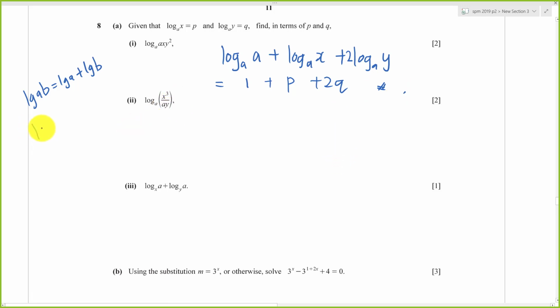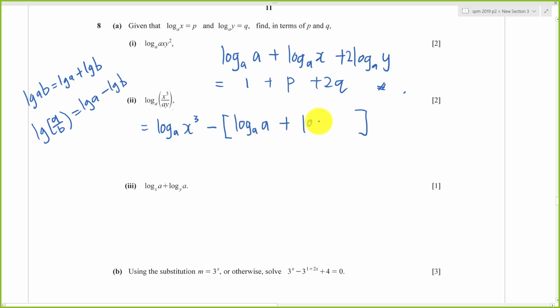Alright. In log rule, we know if a over b will become log a minus log b, isn't it? Because I see some divide here, I guess I will need the divide law here. So this one is log a of x cubed. Okay, divide is minus, right? But then you divide two terms over here, so it's so important for you to put a bracket here. So it's log a of a plus log a of y. Why do I do the plus here?